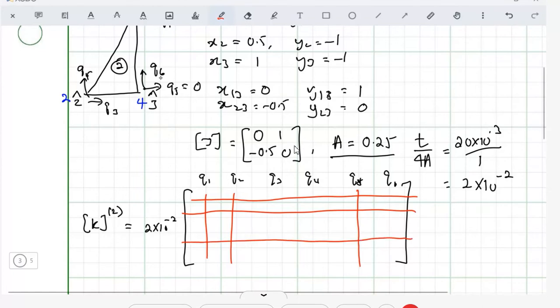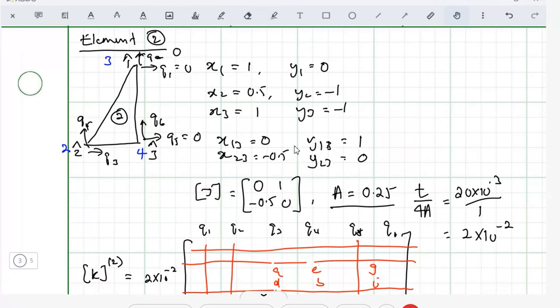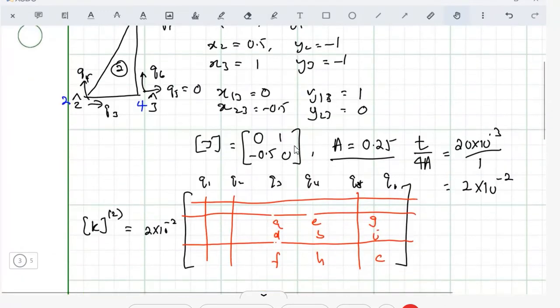So what we have here is now A, B, C, D, E, F, G, H, I. Okay, so note that because we have 3 degrees of freedom for element number 2, our element stiffness matrix is also a 3 by 3 matrix.